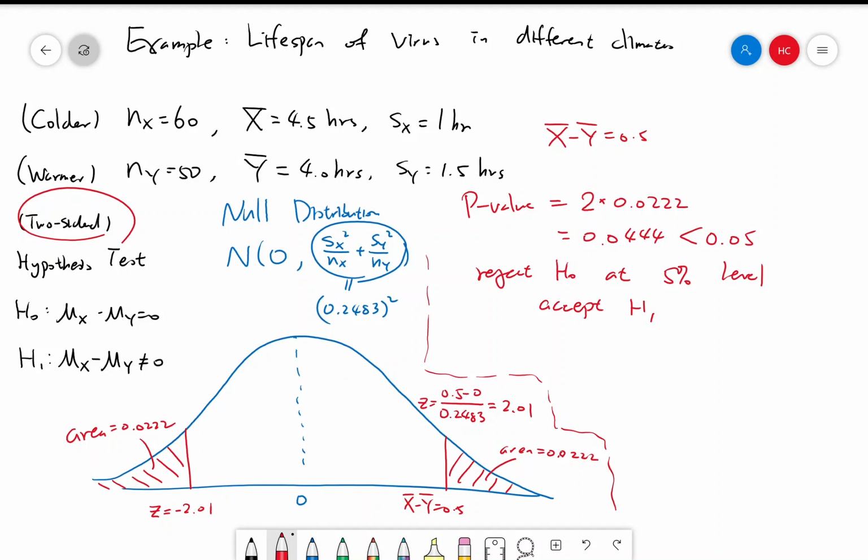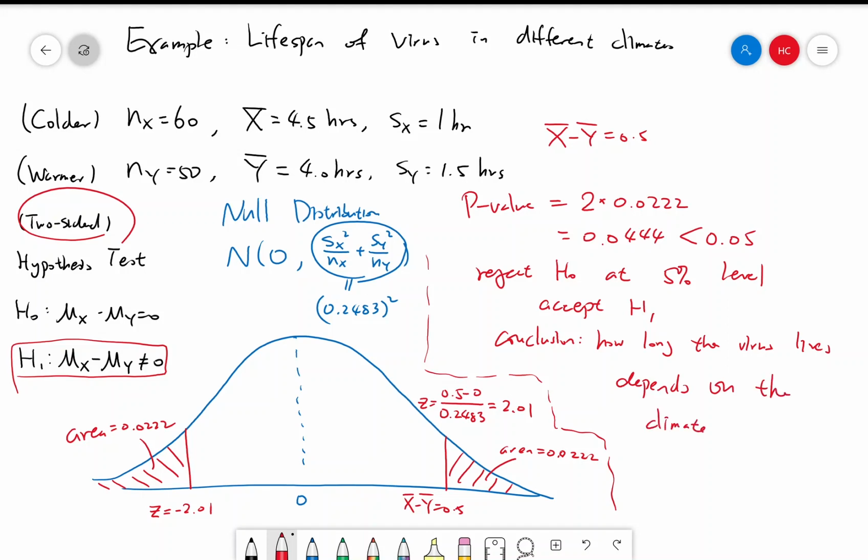So the conclusion we can make is that H1 is correct, which means that how long the virus lives depends on the climate. Alright, so that's it for section 6.5.